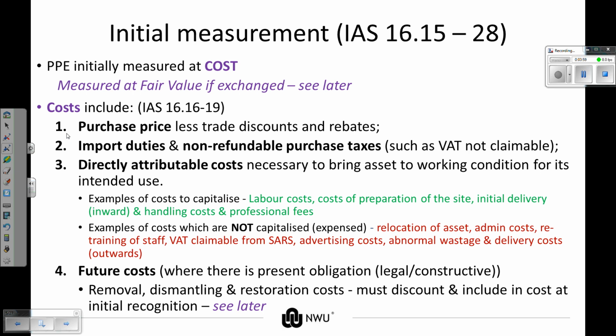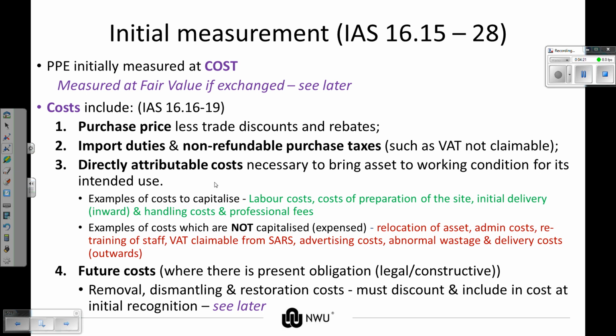So cost will include, this is second year, purchase price less discounts or rebates, import duties, non-refundable purchase taxes, directly attributable costs. So that will be costs that we have to incur to make sure we bring the asset in its working condition for us, in the way we intend to use it.